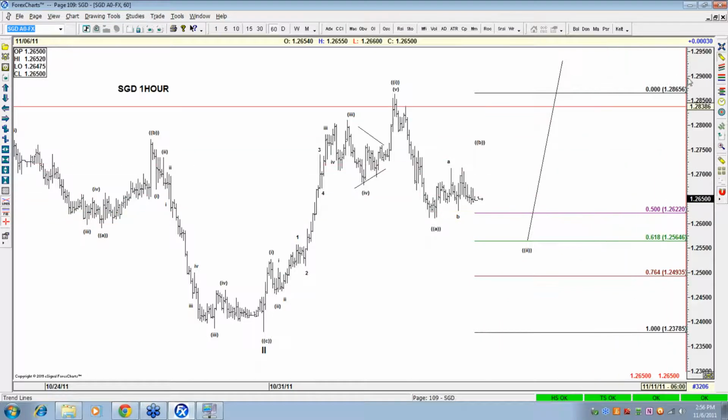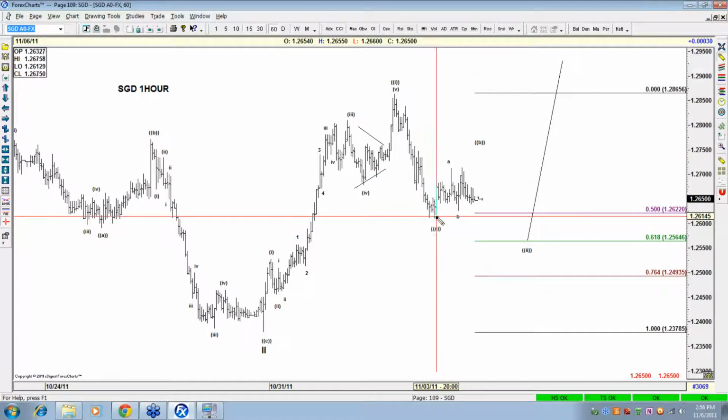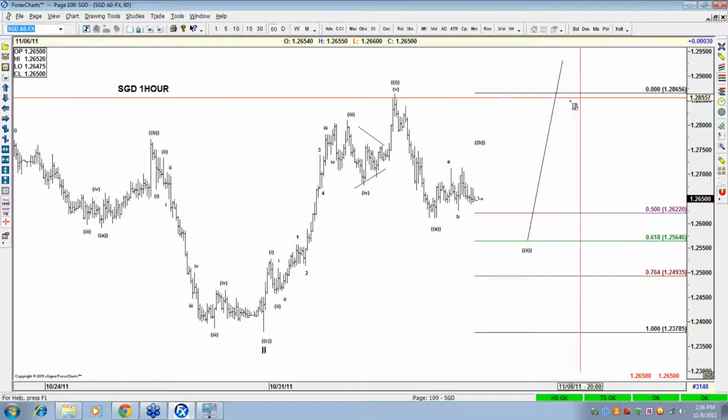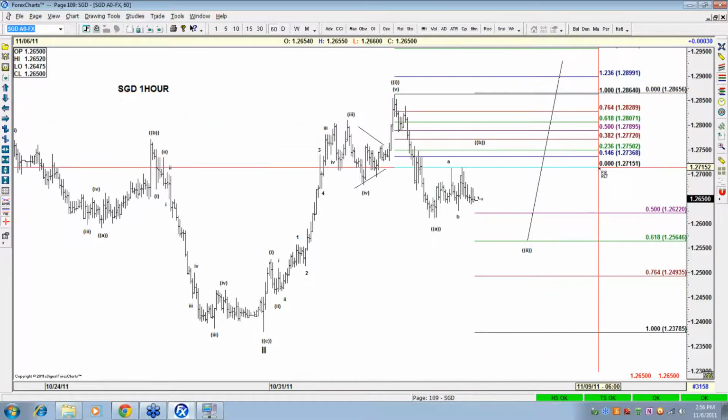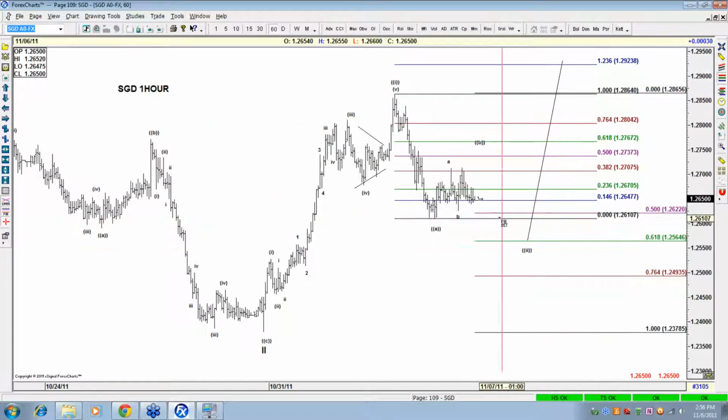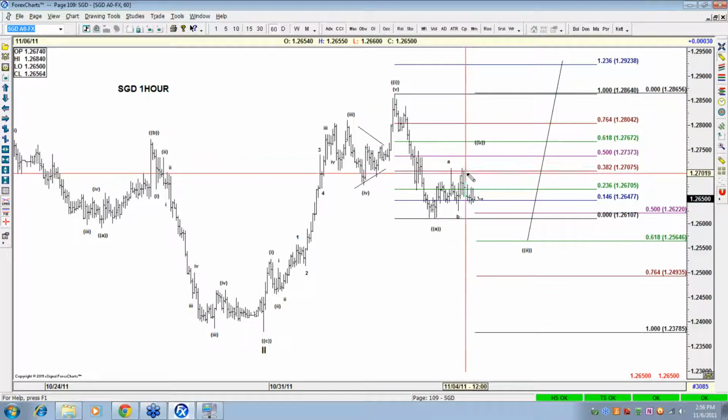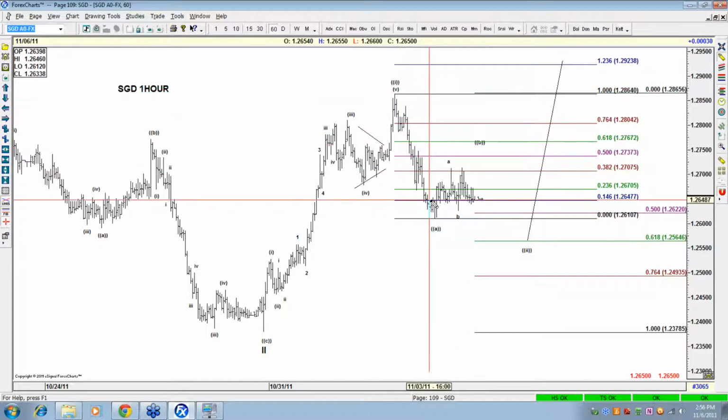Now, you got the first bounce from the 50% retracement. This bounce looks corrective, but it's very small in price. You only see that it went to the 38.2 of the previous 8 wave.